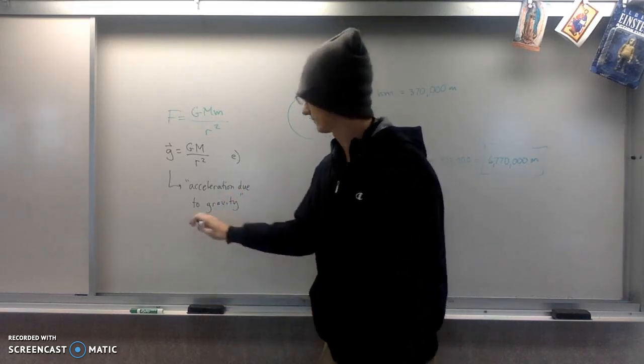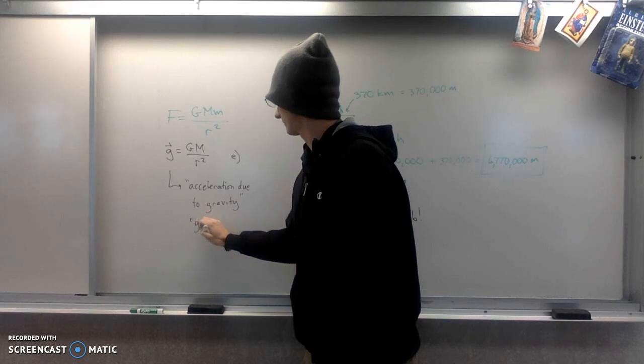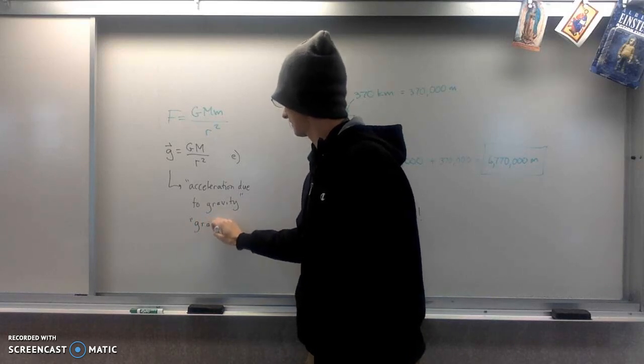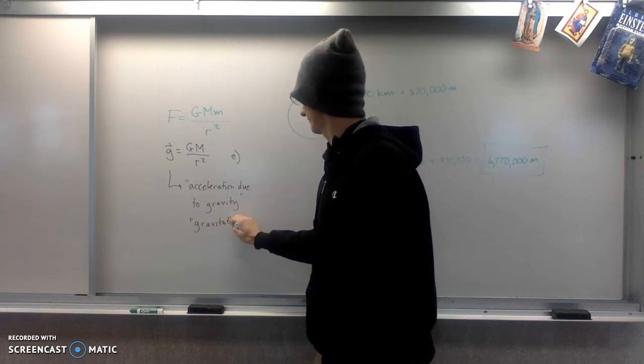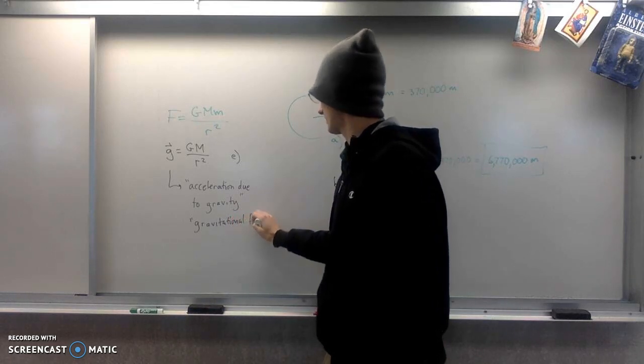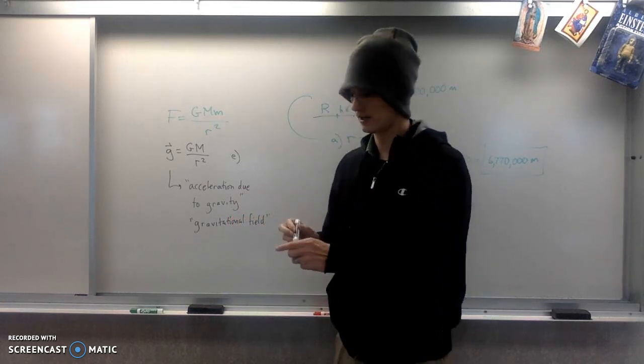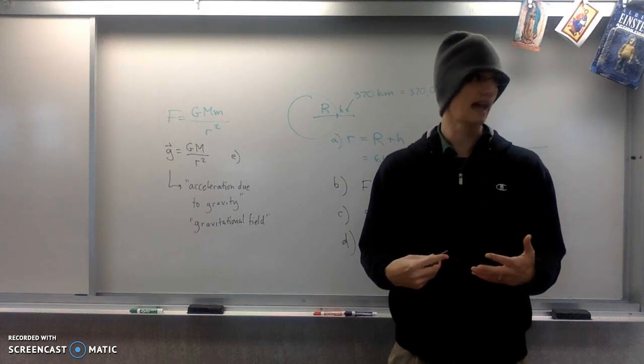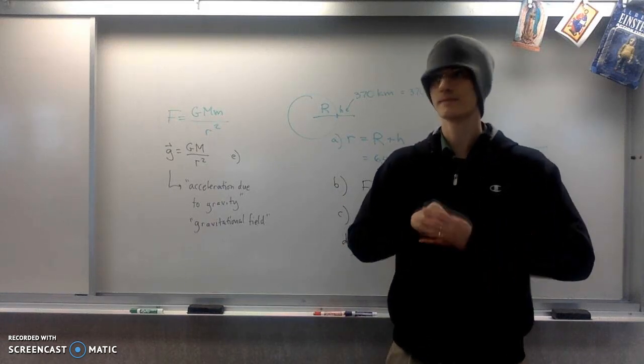Pretty much that. Okay, so let me write it down. This is gravitational field. That's what the g with an arrow over it stands for, and it means the same thing as acceleration due to gravity.